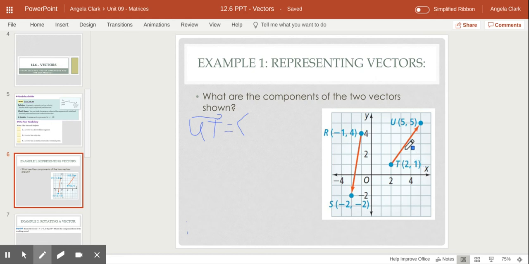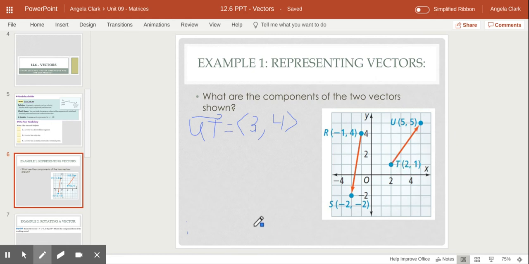So it starts at 2 and it goes to 5. So you could count it on the graph, or you could just subtract. 5 minus 2 is 3. So that's 3 in the x direction, comma. And then in the y direction, it went 5 minus 1. So that's 4. So that would be the component form of UT.